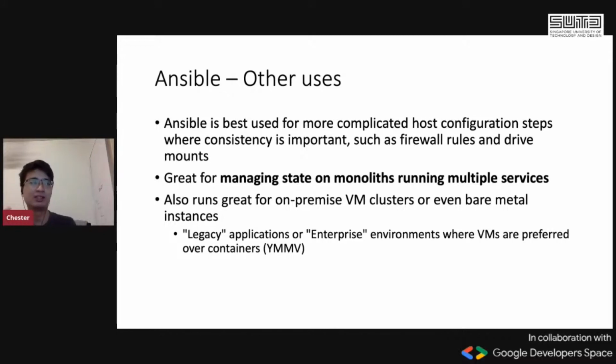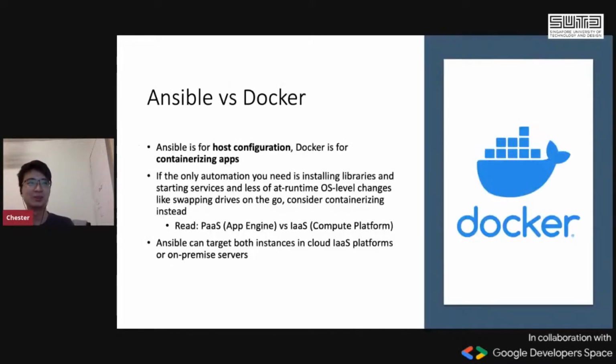So when I tell my friends about Ansible, like, hey, you can use it to automatically install the software on your host and manage the state of the operating system, then they always shoot back with this question: why not use Docker? So to me, Ansible and Docker are quite different things. I see Ansible as automated host configuration. Docker is more of containerizing apps.